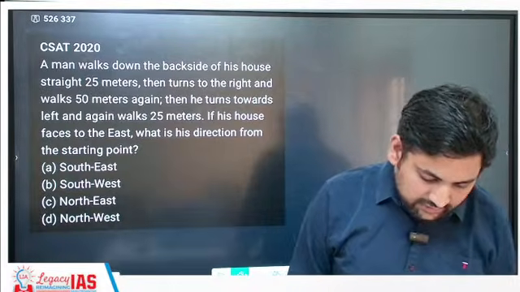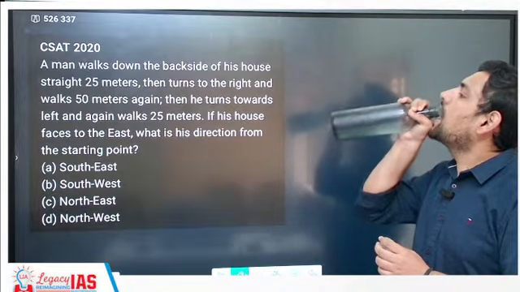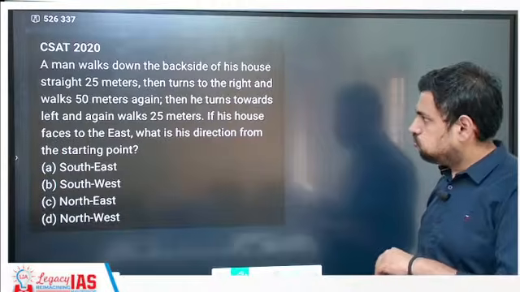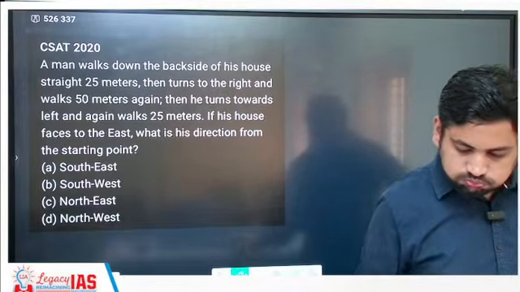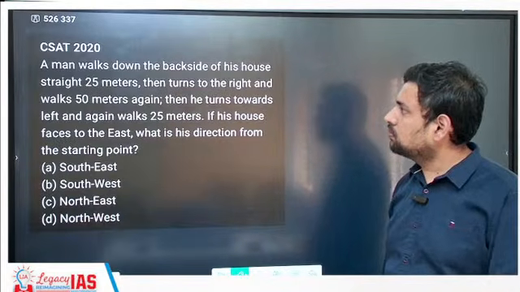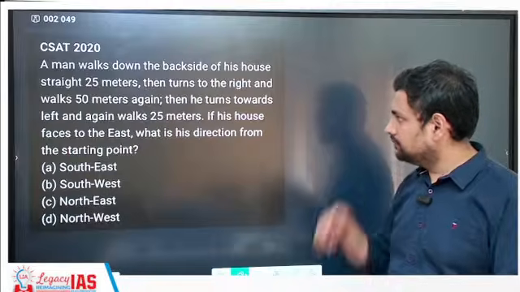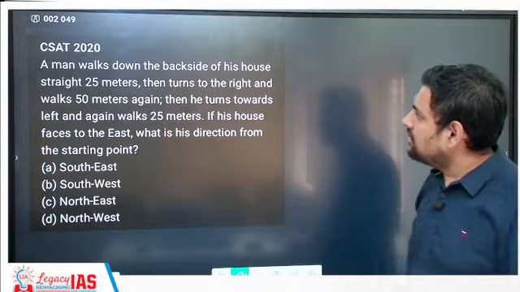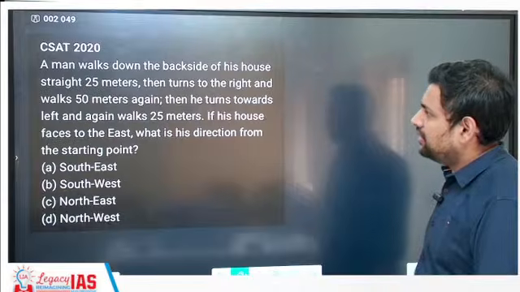This is from CSAT 2020. It says a man walks down the backside of his house straight 25 meters.